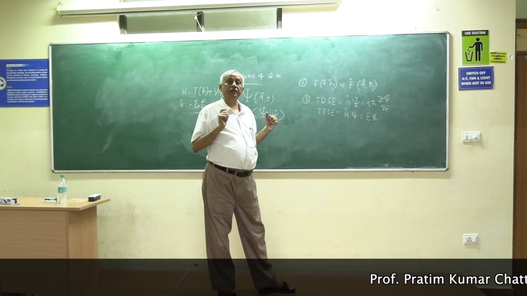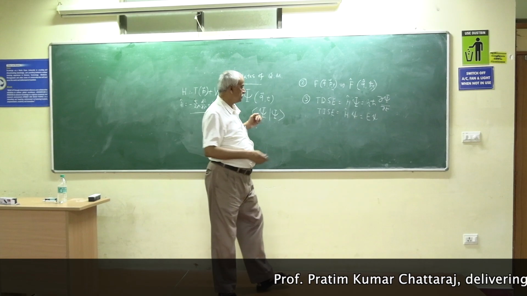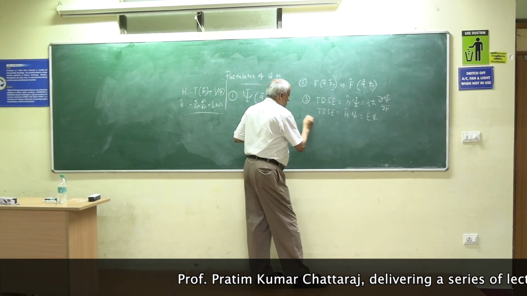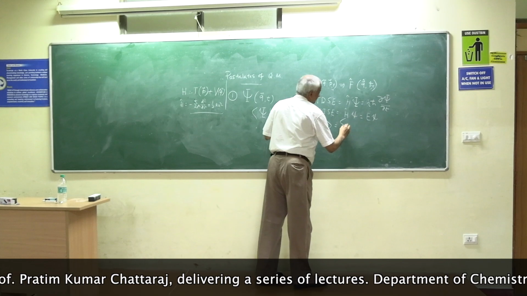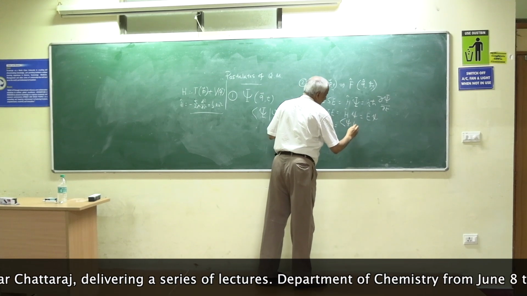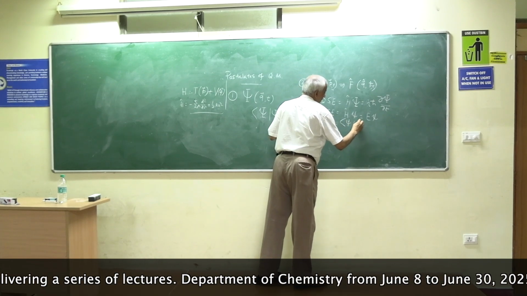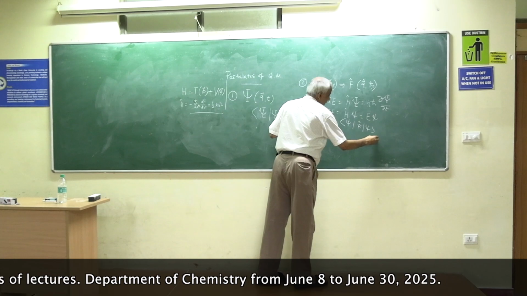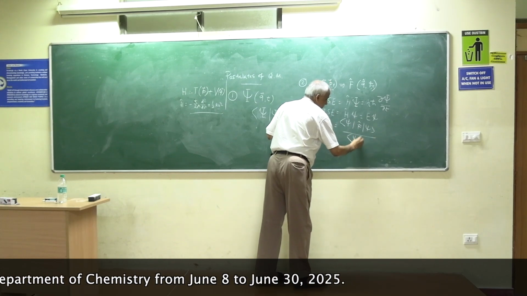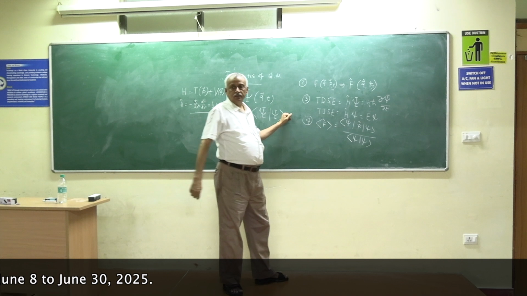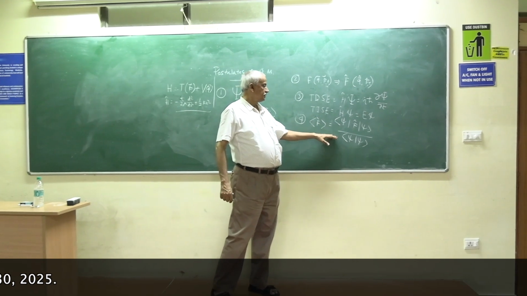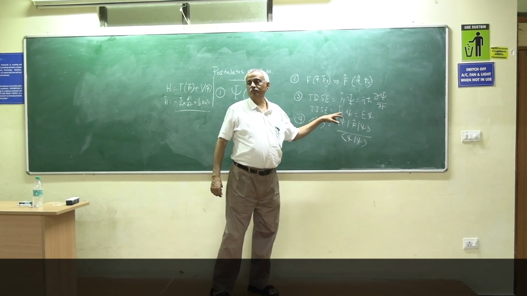Here you get the expectation value, and I told you what the expectation value is. So the expectation value of any property A is simply the integral of psi star A psi, and if it is not already normalized, this is the normalization part, so divide this by the integral of psi star psi, and that is your expectation value.